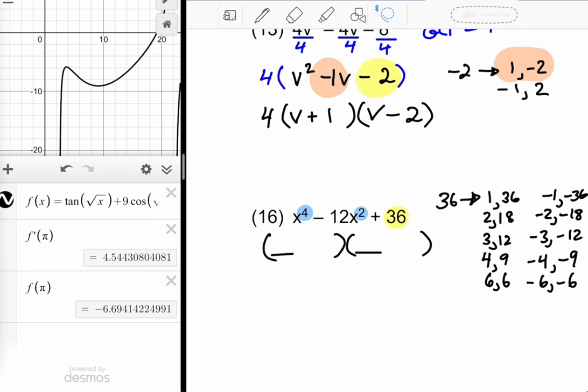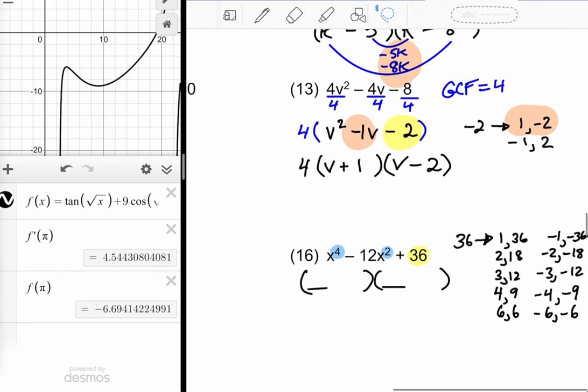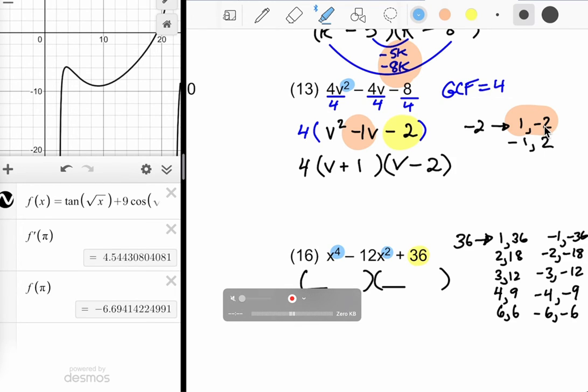It could be x to the 4th and 1, but that's not likely. Just like the other problems, where for example v to the second became v to the first, v to the first, this is really no different. We're just taking the exponent and dividing it by 2. So this would be x squared, x squared.